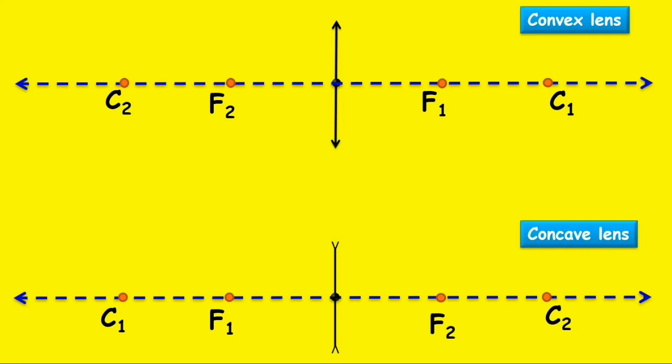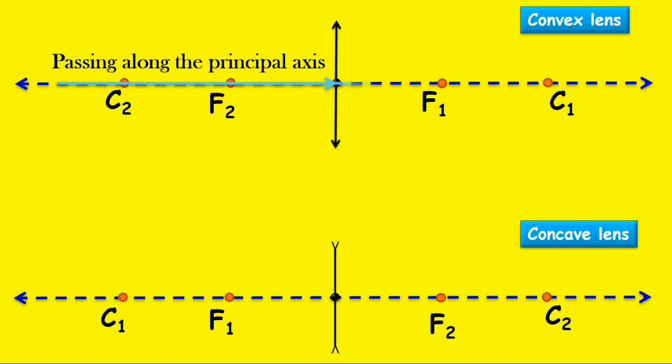Now in situation 1, a ray is passing along the principal axis. Let us check the convex lens. A ray is passing along the principal axis and reaches the convex lens. If we let it go, it just goes on without any deviation.